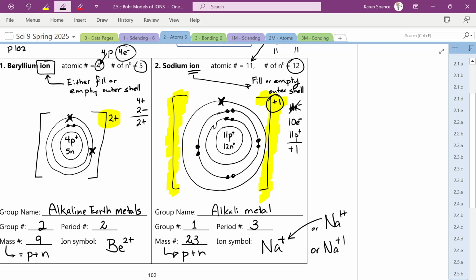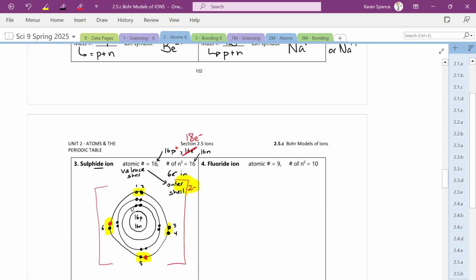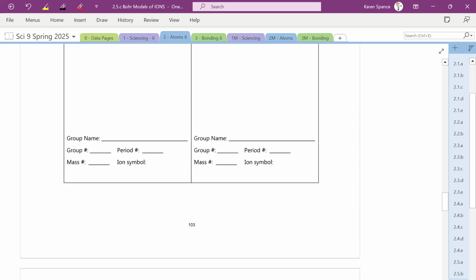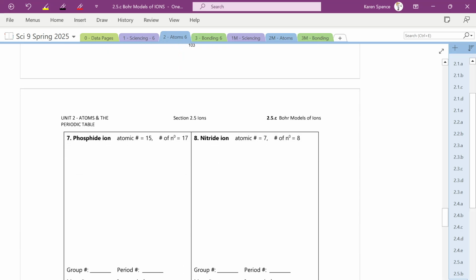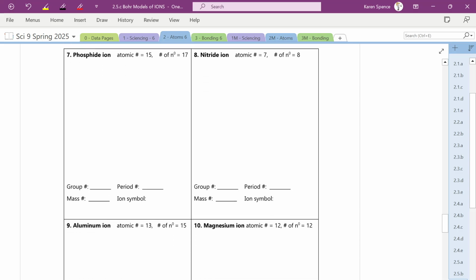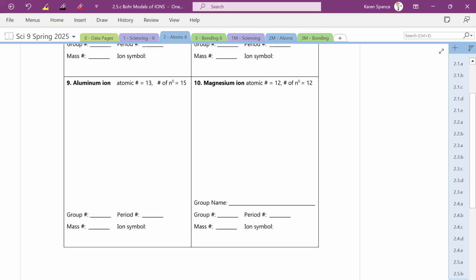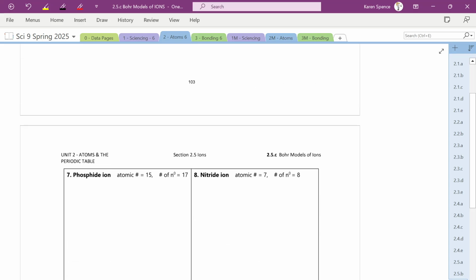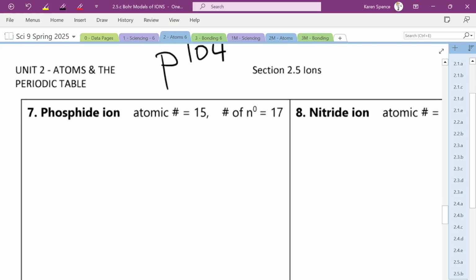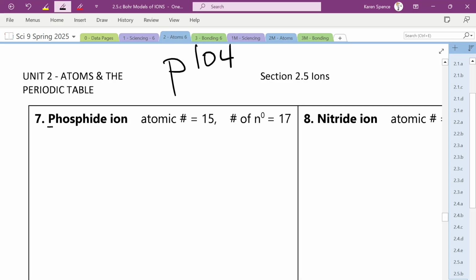Would you like one more? Okay, we'll do one more. And this one we're going to actually go to page 104. And we're going to do number 7 on page 104. We have phosphide.